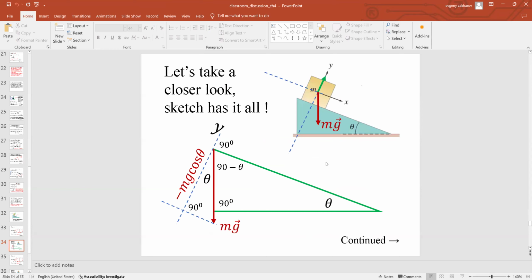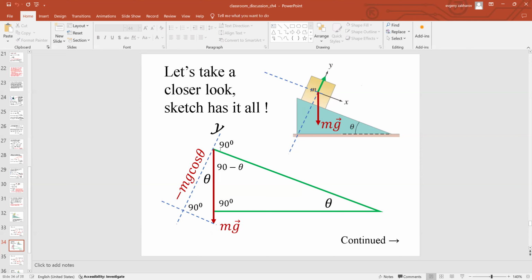Let's take a closer look and do some geometry. So this is the sketch. That's the force that we're looking at. And what's given is the angle theta, say, I don't know, 30 degrees. So this is 30 degrees. Now let's take a look at the right triangle that is formed by the incline, the force of gravity, and the horizontal direction.